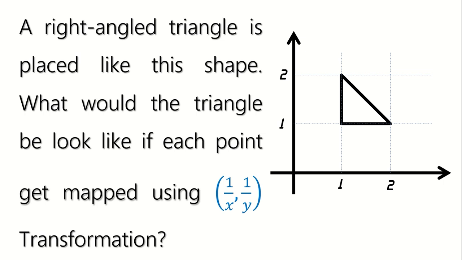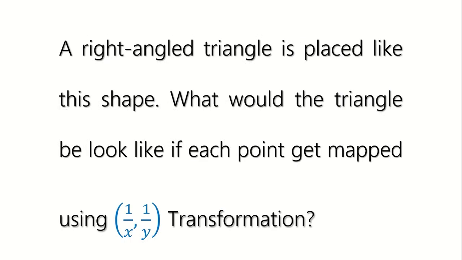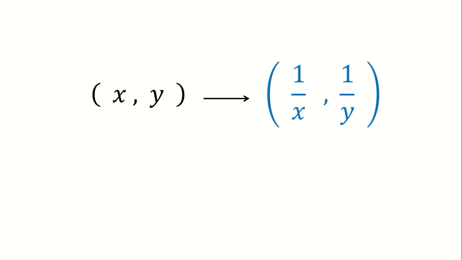So we have a transformation, or a mapping, in which every single point like x and y is mapped by the 1 over x and 1 over y transformation. In brief, we can write that the point x and y goes into the point 1 over x and 1 over y in the new region of mapping.